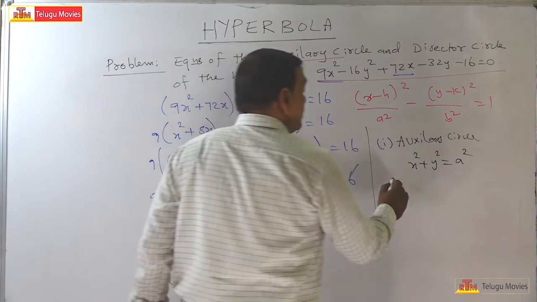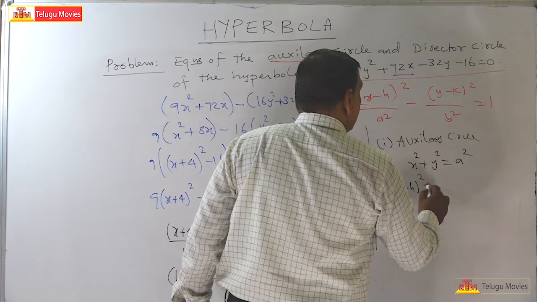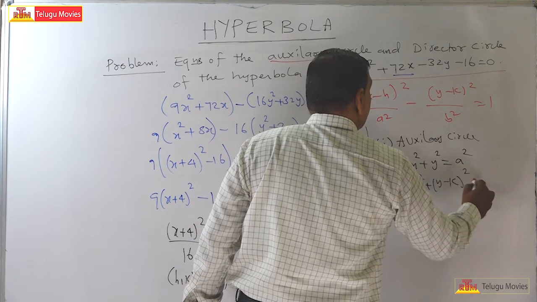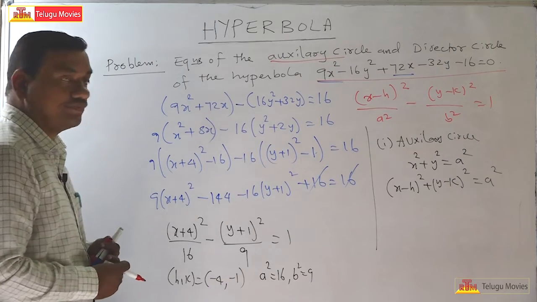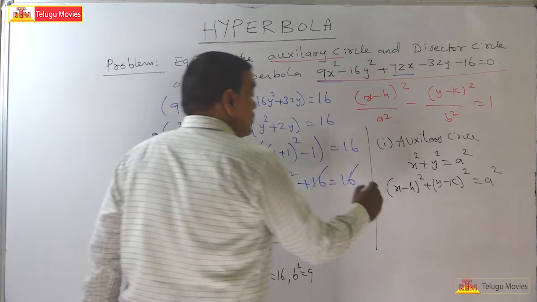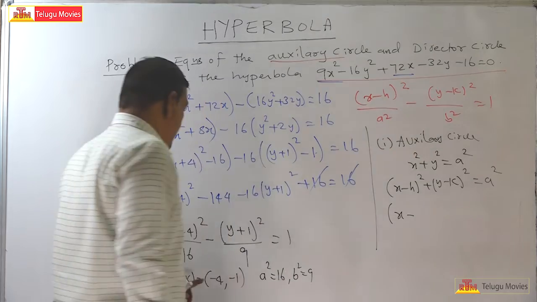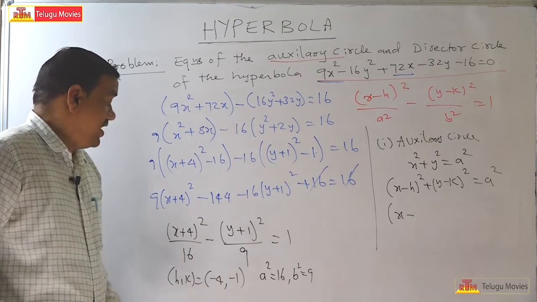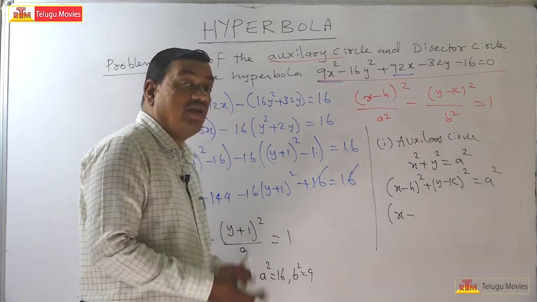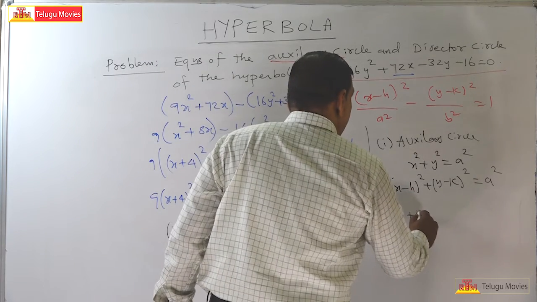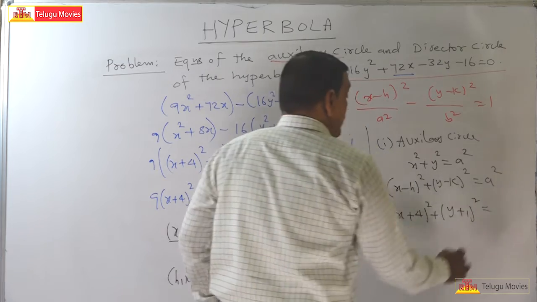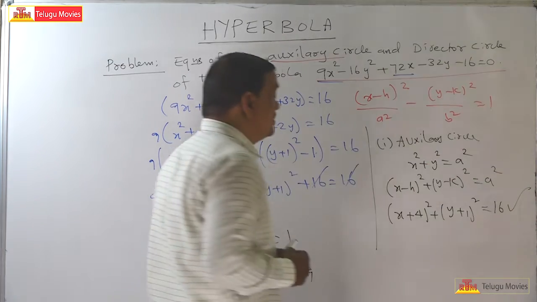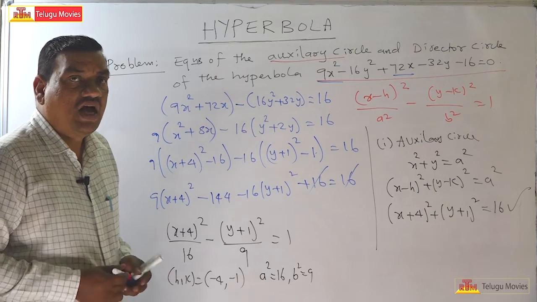So you have to take x minus h whole square plus y minus k whole square is equal to a square. The h value is minus 4 and k value is minus 1, so x plus 4 whole square plus y plus 1 whole square is equal to a square, which is 16. Therefore, this is the equation of the auxiliary circle.